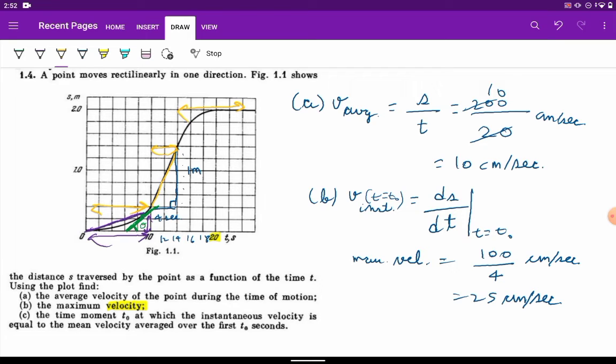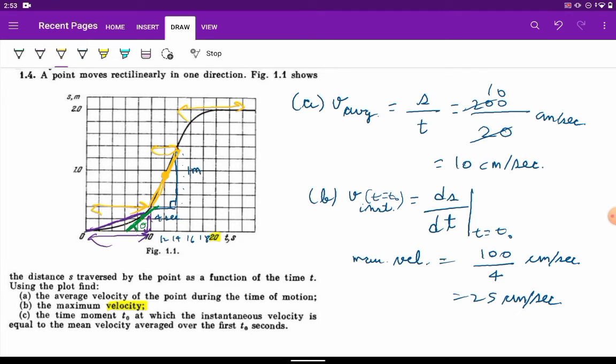If we consider any point on the first part, since it is non-linear, obviously the instantaneous and average velocities, basically the slopes, won't match. If we consider any point in the second part, it also won't match, because the instantaneous velocity is the slope of this line, which does not pass through the origin. That is also cancelled out.